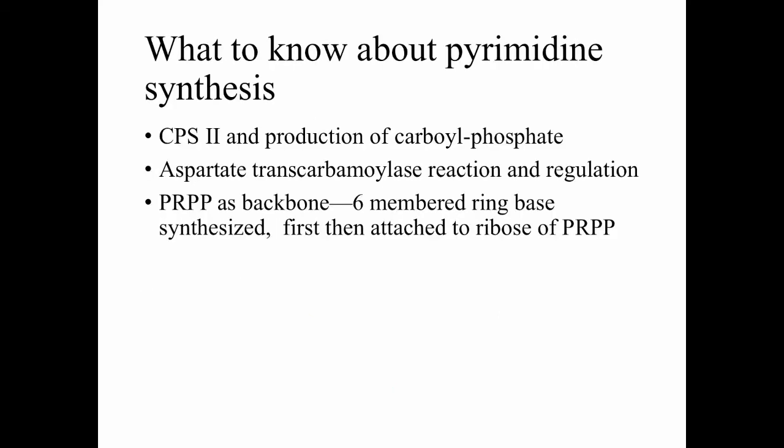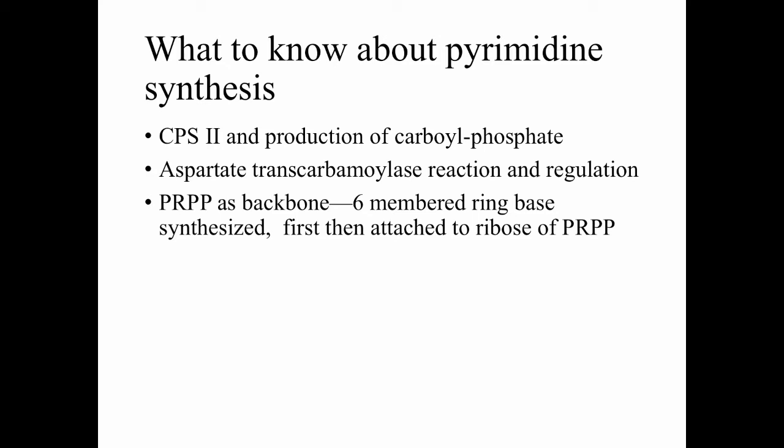Okay, so here's what to know about pyrimidine synthesis. CPS2 and the production of carbamyl phosphate. The aspartate transcarbamylase reaction and how it's regulated, and the fact that PRPP is going to react with the ring and serve as the ribose 5-phosphate backbone.